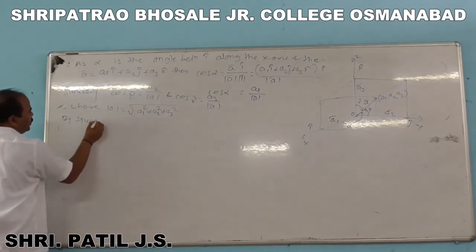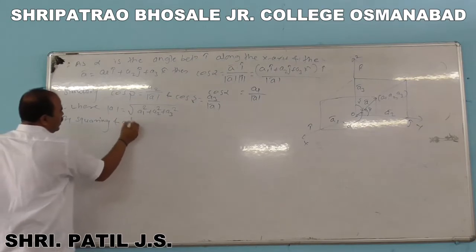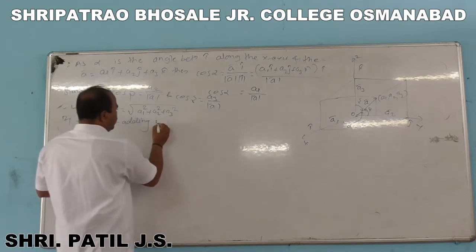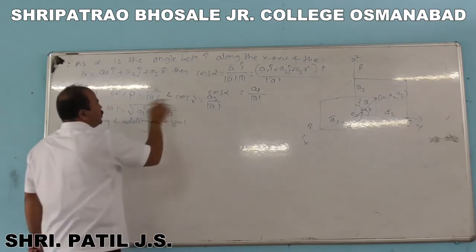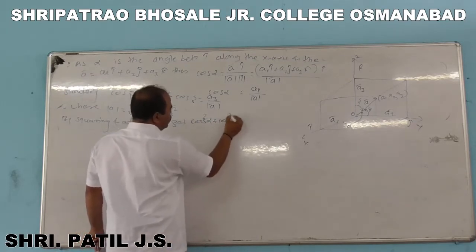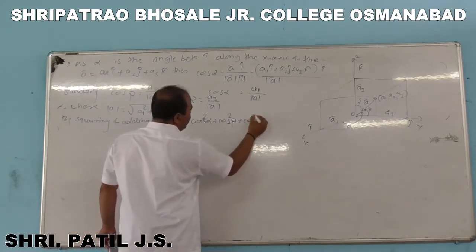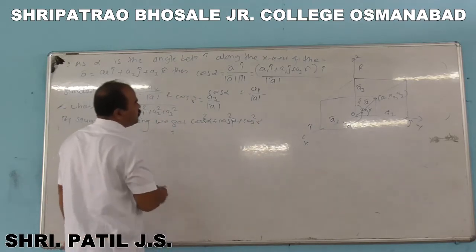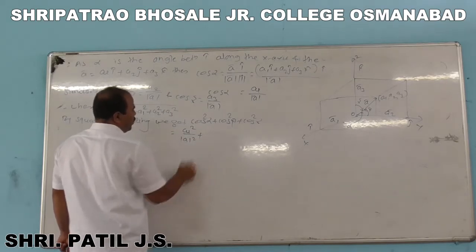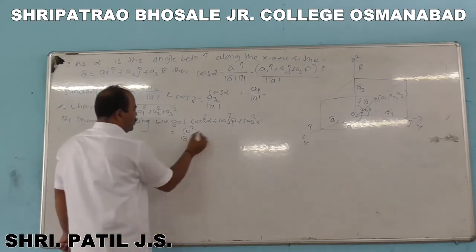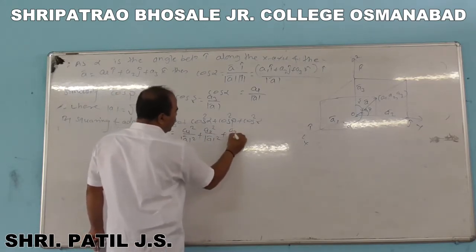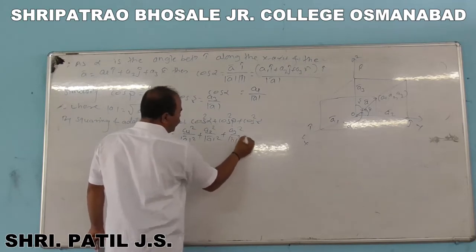By squaring and adding, we get cos square alpha plus cos square beta plus cos square gamma equal to A1 square upon mod of A square, plus A2 square upon mod of A square, plus A3 square upon mod of A square.